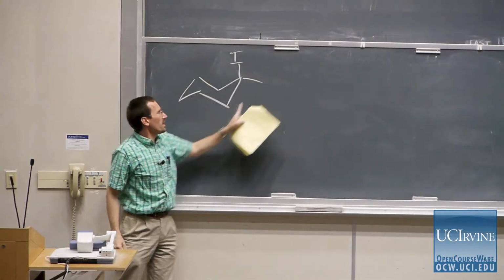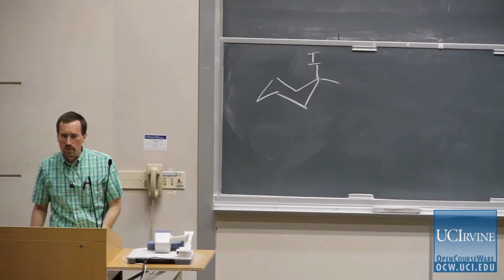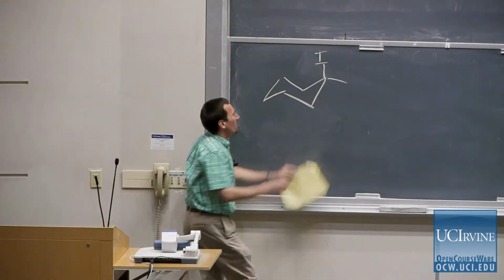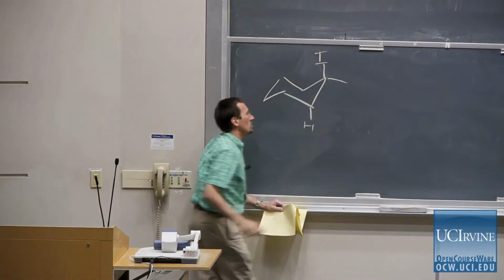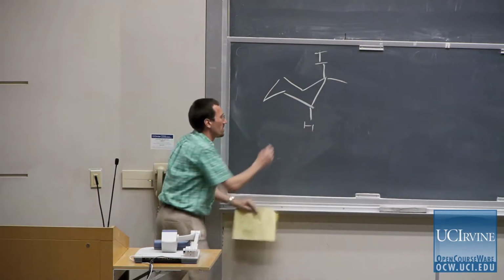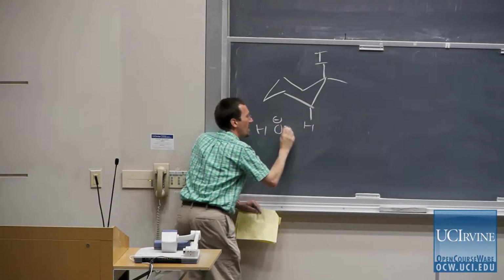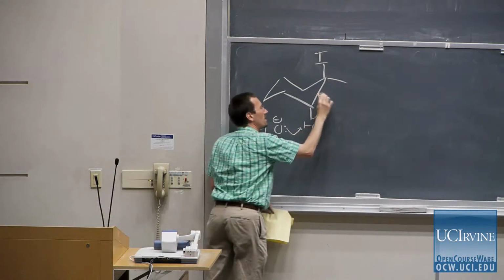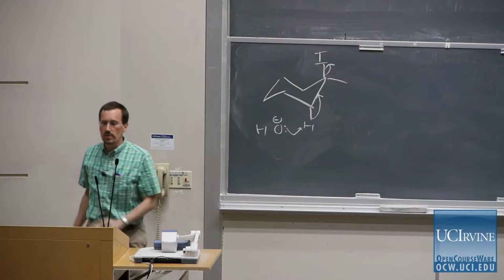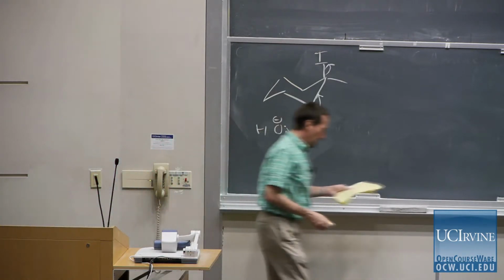You have a methyl group here. You have the iodide in the axial position. You require the hydrogens to have an anti-periplanar relationship. And if possible, you favor the more substituted double bond. So here's hydroxide. We're using potassium hydroxide. I'll just draw in one lone pair here. And so we push our arrows like so. That's going to lead to E2 elimination to give the more substituted alkene.